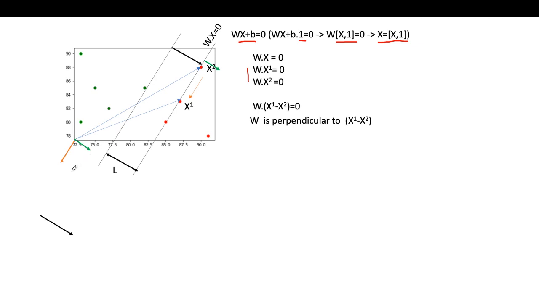So this vector is the w vector, which is of unit length, and has an L multiplier to it. So this perpendicular is actually L times the w vector, right?